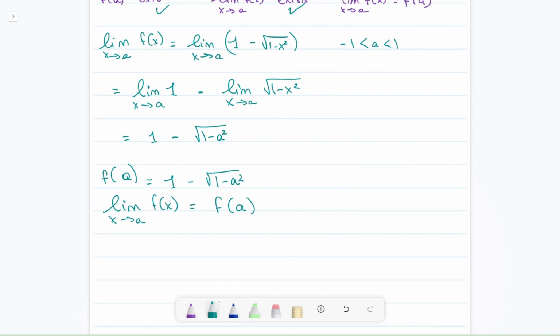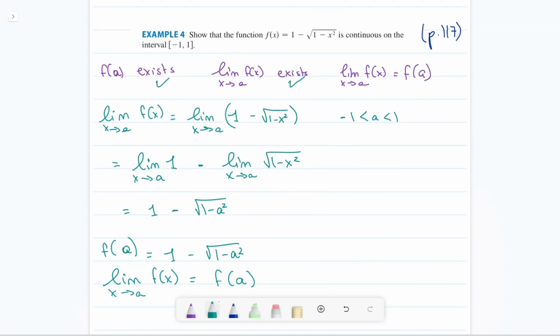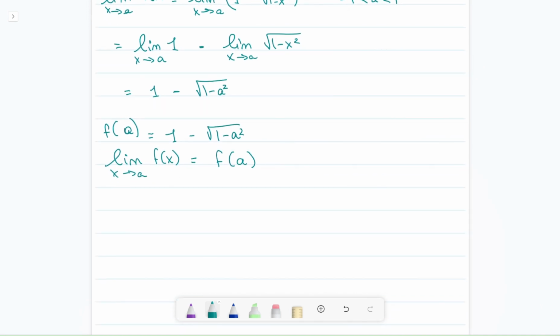But we need to deal with the endpoints. So we need to deal with the points x equals -1 and x equals 1. How do we do that? Let's say this is our function, I'm just drawing a random graph.